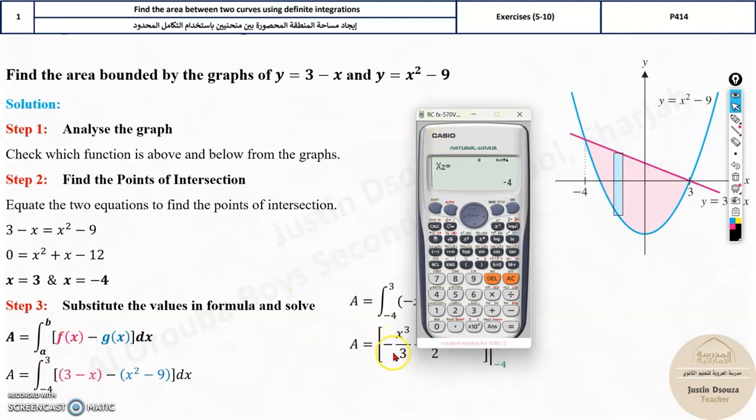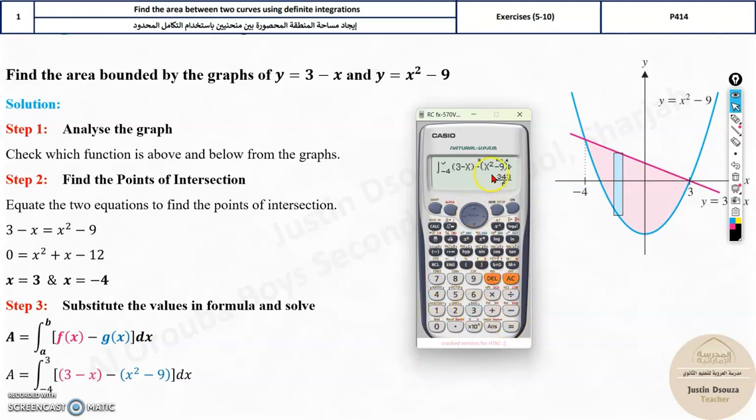Now, you can't solve it using the formula alone, but since this is part A, you can directly use the calculator. Just press the integral symbol and put it in the calculator. It's 3 minus alpha x, minus alpha x squared minus 9. Close the bracket. And the limits are from minus 4 until 3.